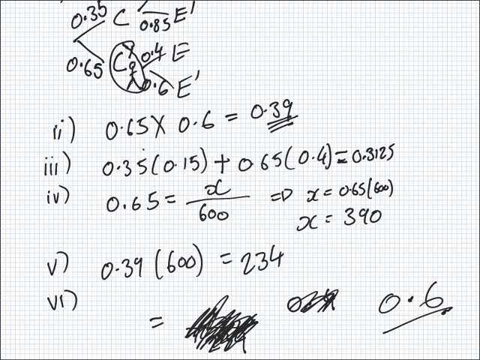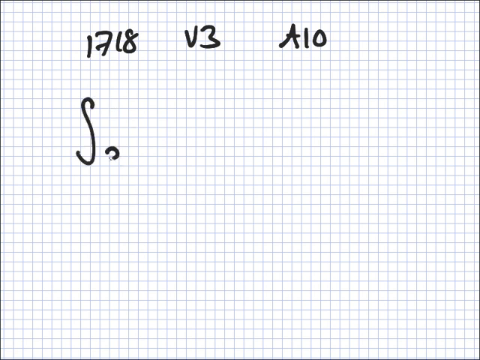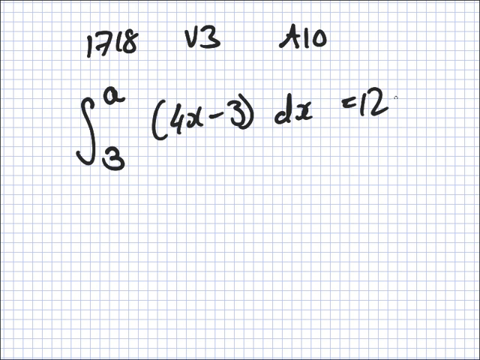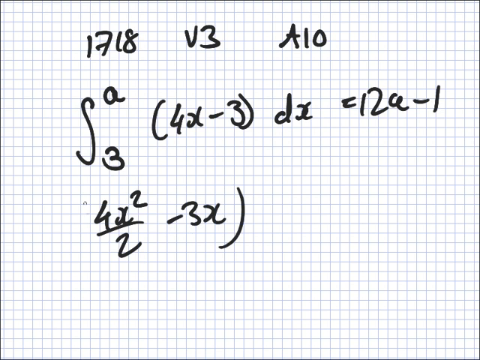Which one now, Mo? 17, 18, version 3, A10. Okay, let's see. This fella again. Integrate from 3 to a, 4x minus 3 dx equals 12a minus 1. So that will be 4x squared over 2 minus 3x, from 3 to a, equals 12a minus 1.